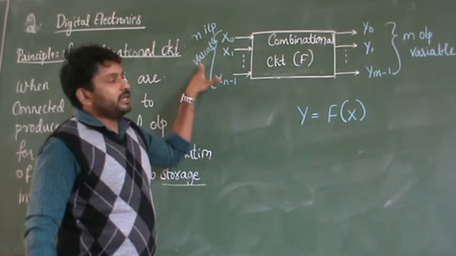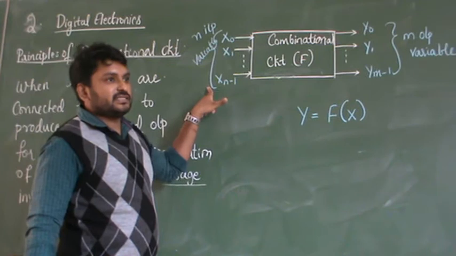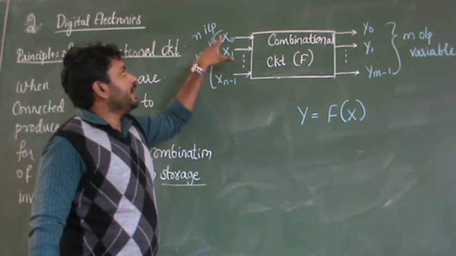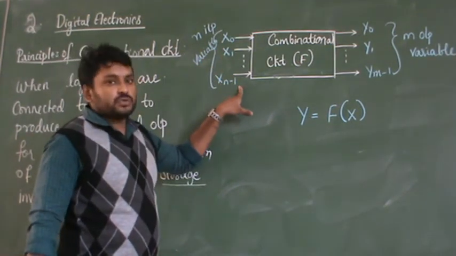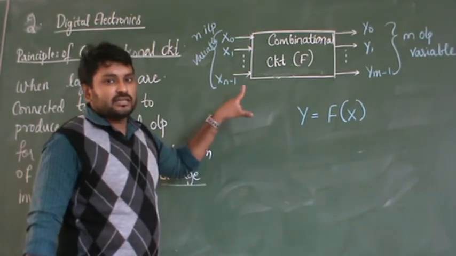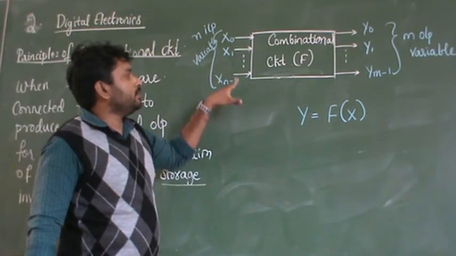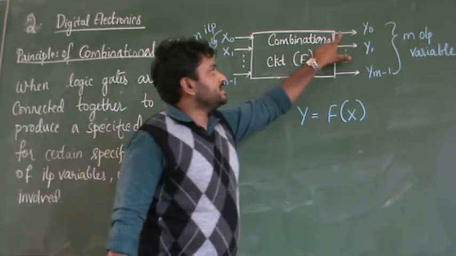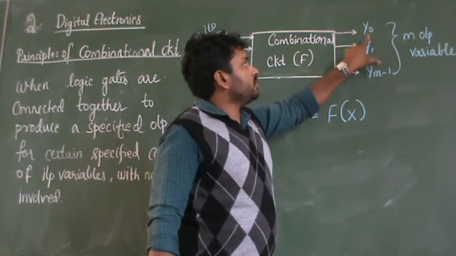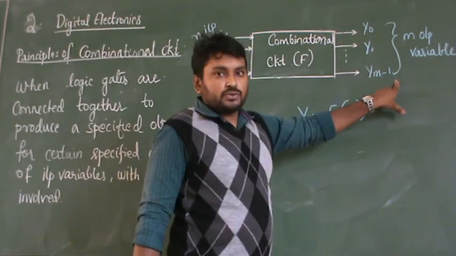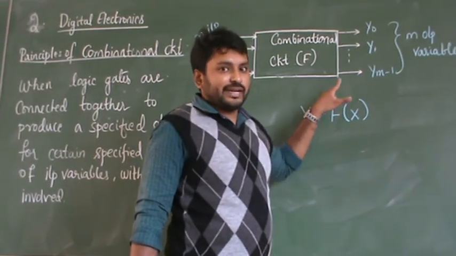So n input variables are described towards the left side. This is a general diagram with n number of inputs. Coming to the right side, the outputs are y0, y1 till yn minus 1.